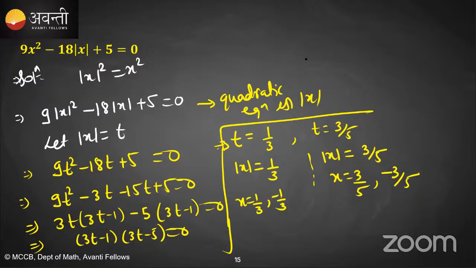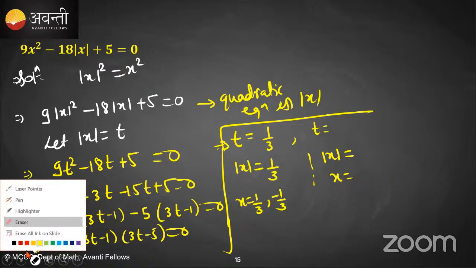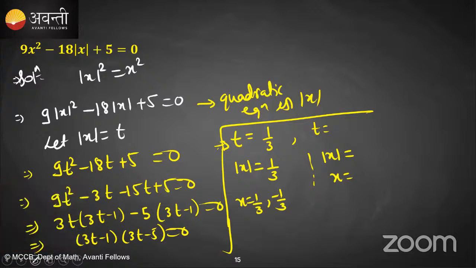ओके, 5/3, ओके, या माय मिस्टेक, थैंक यू, yes, very good Harish, very good. So what I did, see, t is 0 at 5/3, right?